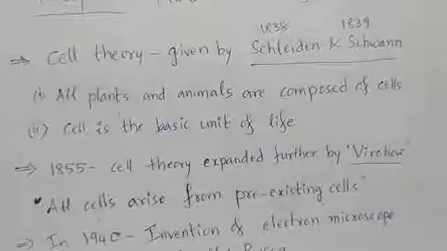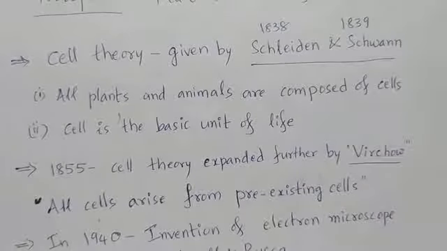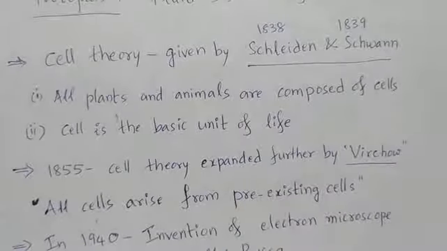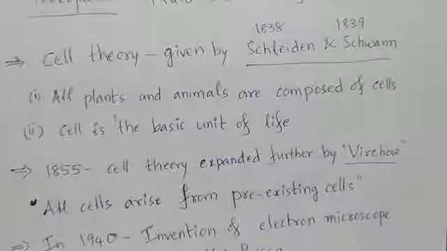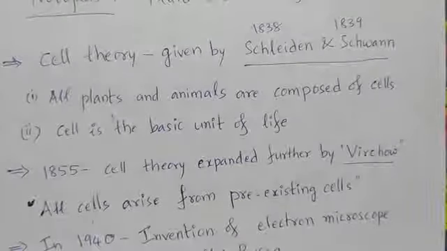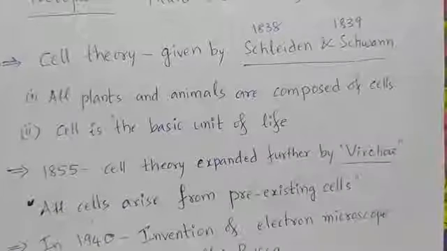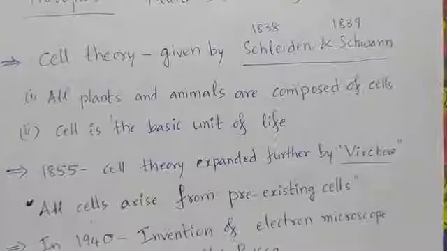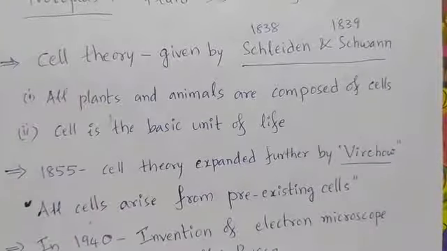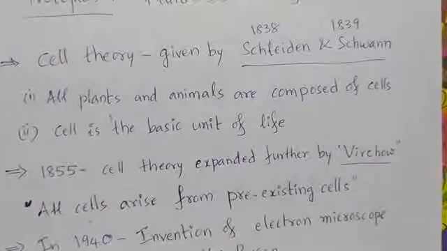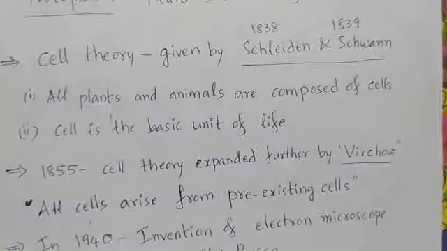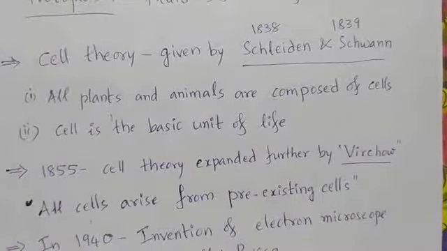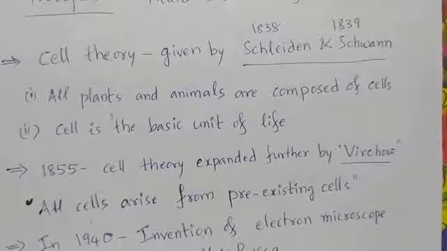In the years 1838 and 1839, two scientists known as Schleiden and Schwann, full names Matthias Schleiden and Theodor Schwann, proposed the cell theory. Cell theory was given by Schleiden and Schwann, and this cell theory has two statements in it. What are they? All plants and animals are composed of cells, and cell is the basic unit of life.